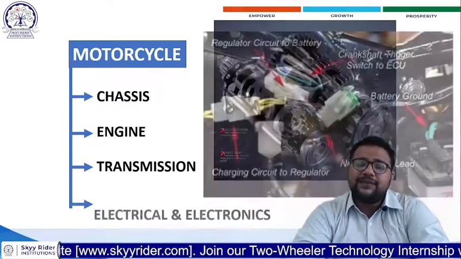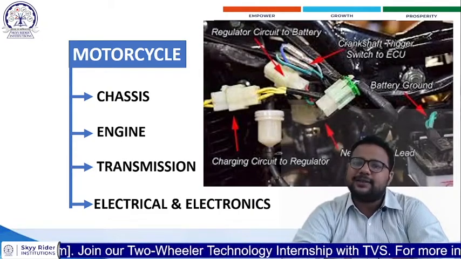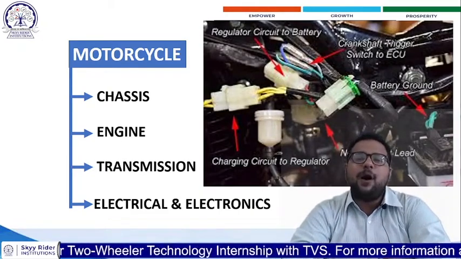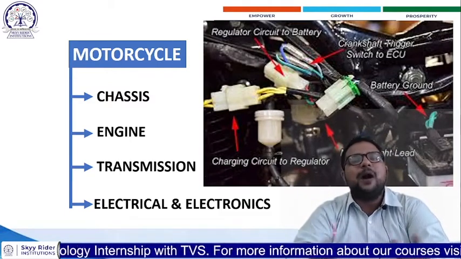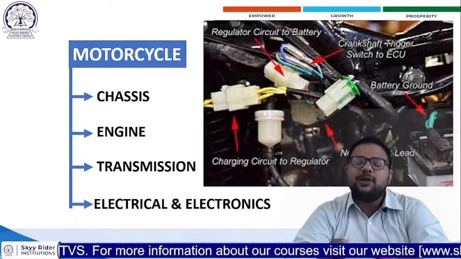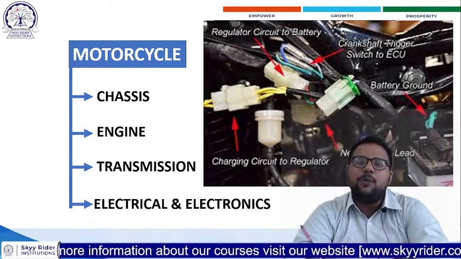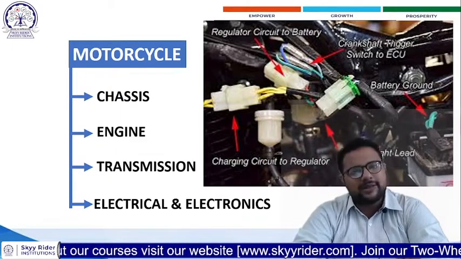And the last classification of motorcycle is the electrical and electronic system. In our body, there are nerves which connect different parts of the body together. Similarly, in automobiles or motorcycles, there are different components which are connected together by the electrical and electronic system.